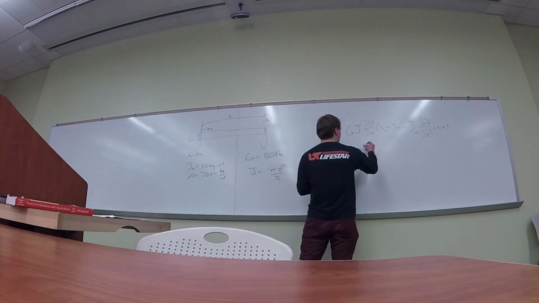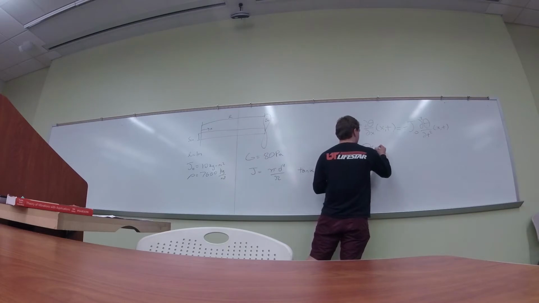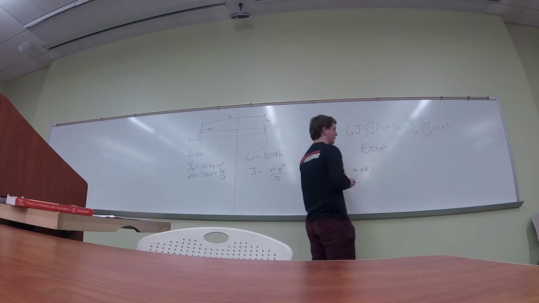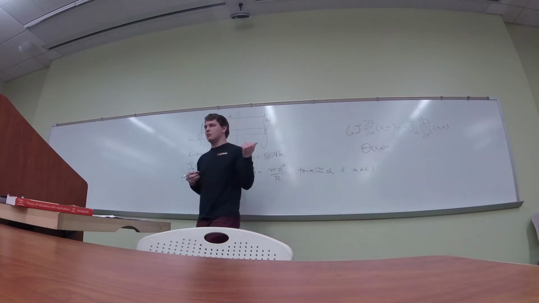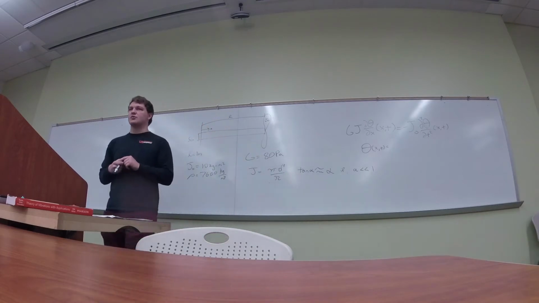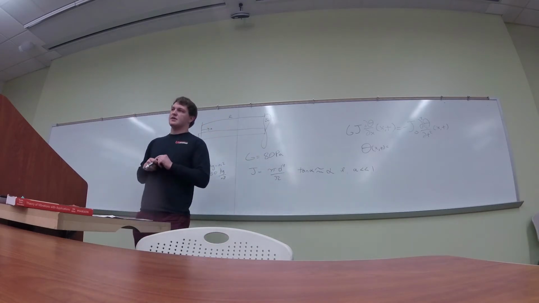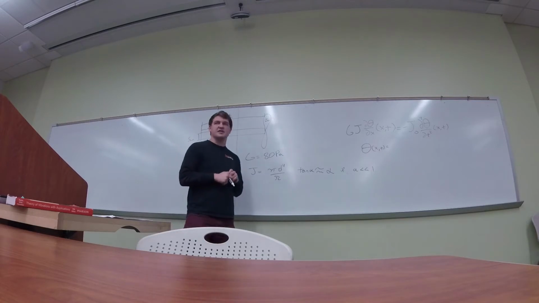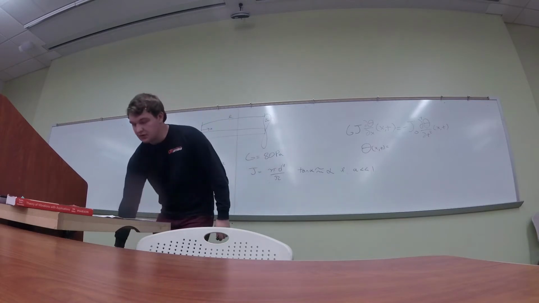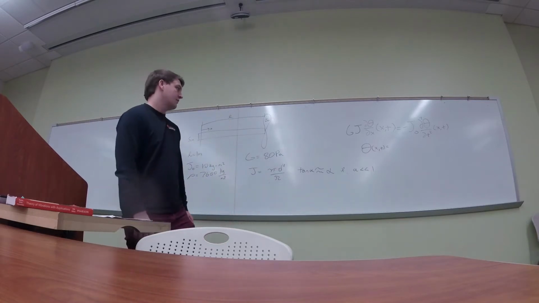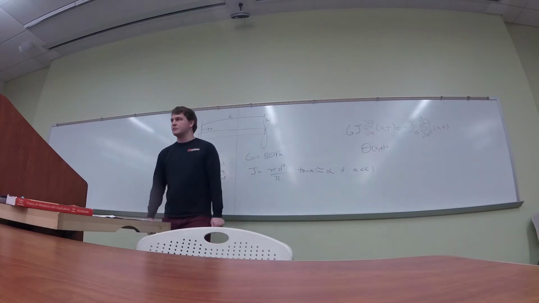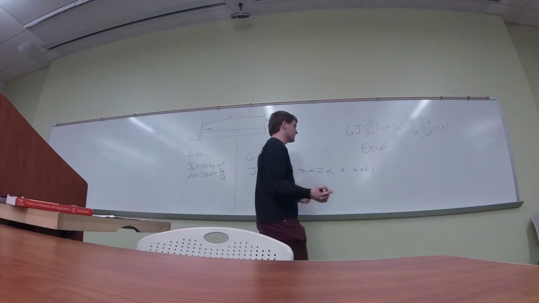So your first theta solution, what is our general solution for theta? And this is pretty much irrespective of the system you have. It's always going to be the same. So sine, cosine of something.